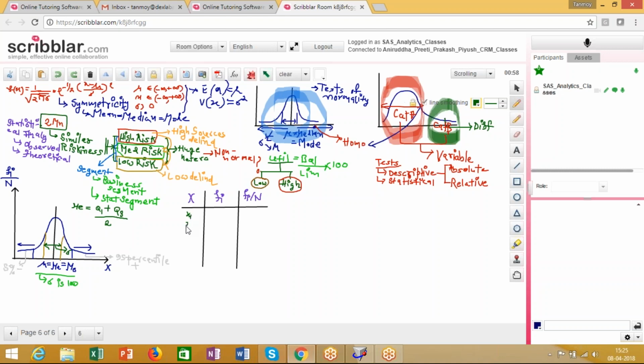So x1, x2, like this there are xn values.